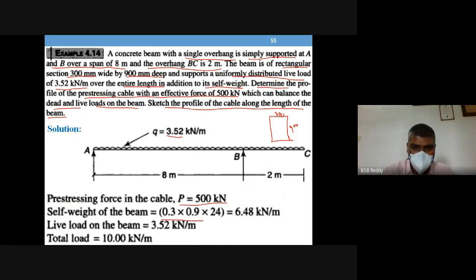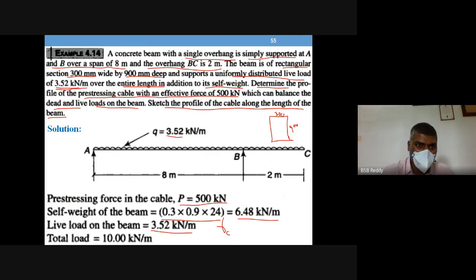Self weight of the beam: cross sectional area in terms of meters I have substituted here. So you see 0.3 meters, 0.9 meters, into 24, which is the gamma value of concrete, kilonewton per meter cube, will give you 6.48 kilonewton per meter, and the live load is given by the question itself.